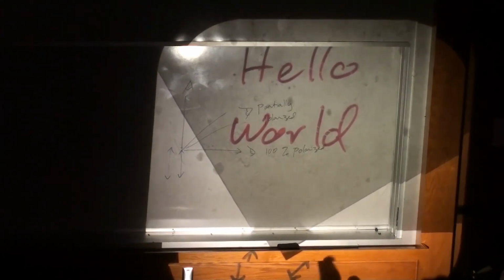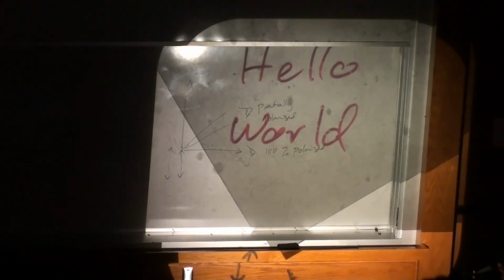So basically the idea here is that if the polarizer is perpendicular to the direction of the light going through it, then it's going to block everything out, because there is no cosine component, it's 0.